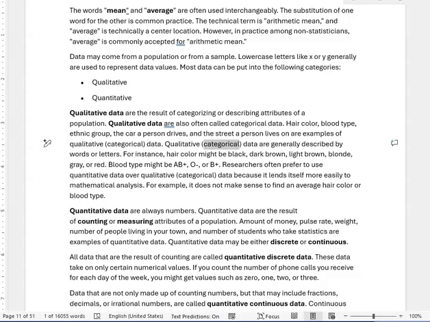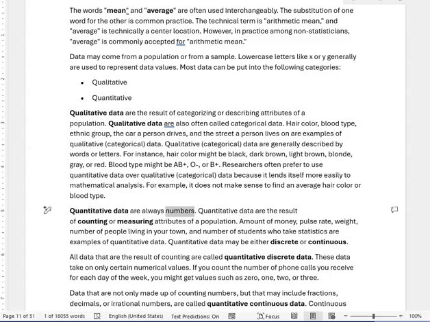Qualitative, categorical data are generally described by words or letters. For instance, hair color might be black, dark brown, light brown, blonde, gray, or red. Blood type might be AB+, O-, or B+. Researchers often prefer to use quantitative data over qualitative, categorical data because it lends itself more easily to mathematical analysis. For example, it does not make sense to find an average hair color or blood type.